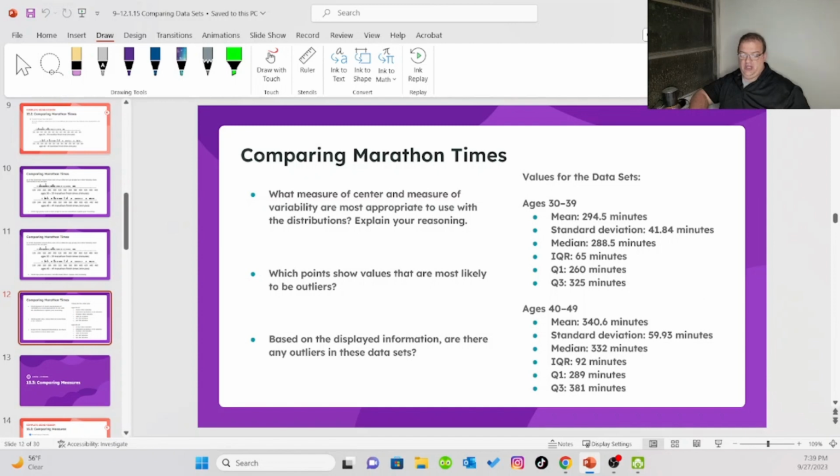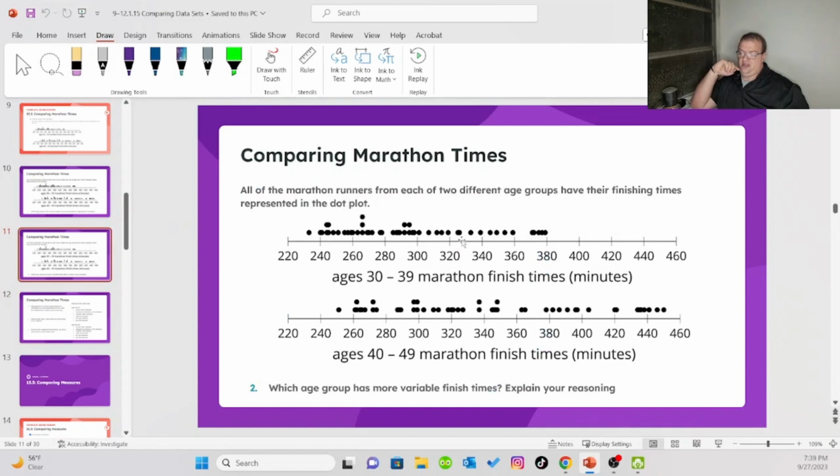So as we look at the actual numbers on them, it asks what measure of center and measure of variability are most appropriate to use with the distributions. So if I was looking at this, when I look at these, I might say that these are skewed right because I have more of my dots down here on the left with a tail that stretches out to the right. And I kind of see the same thing down here.